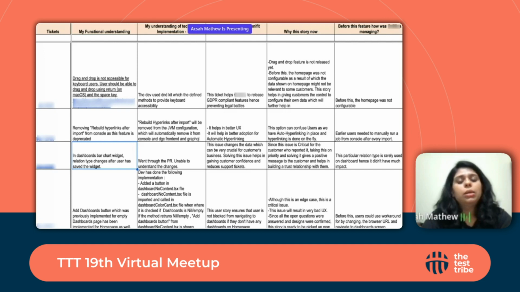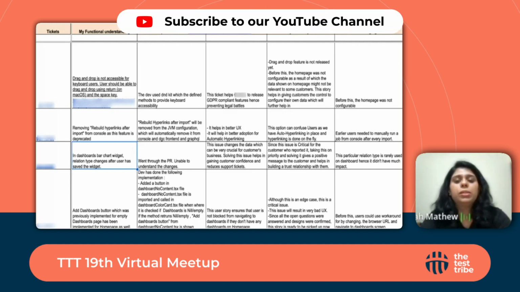Then the next question is how the story is benefiting, like how is it generating revenue for the client, or how is it helping the client. We get answers to these questions by collaborating with the product manager or development manager, or people who are actually thinking about the business and involved in business discussions.